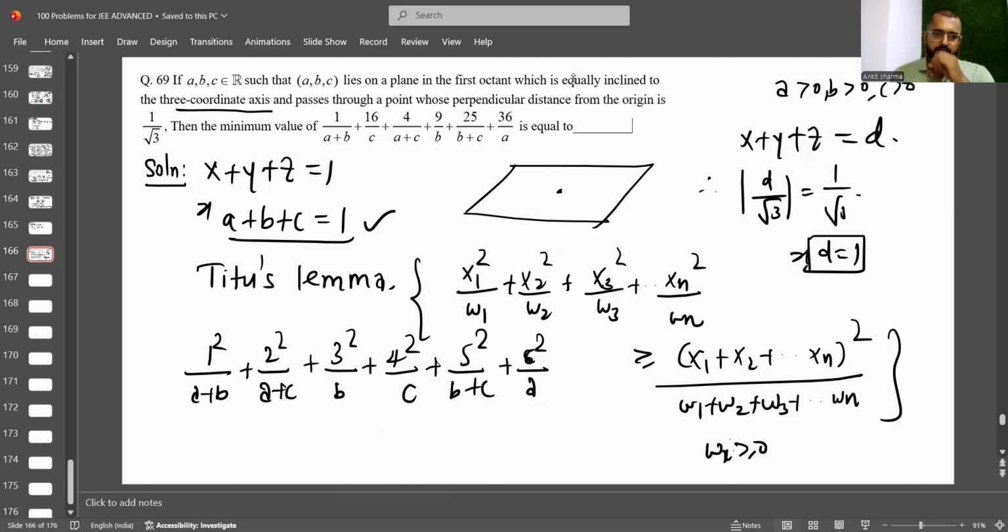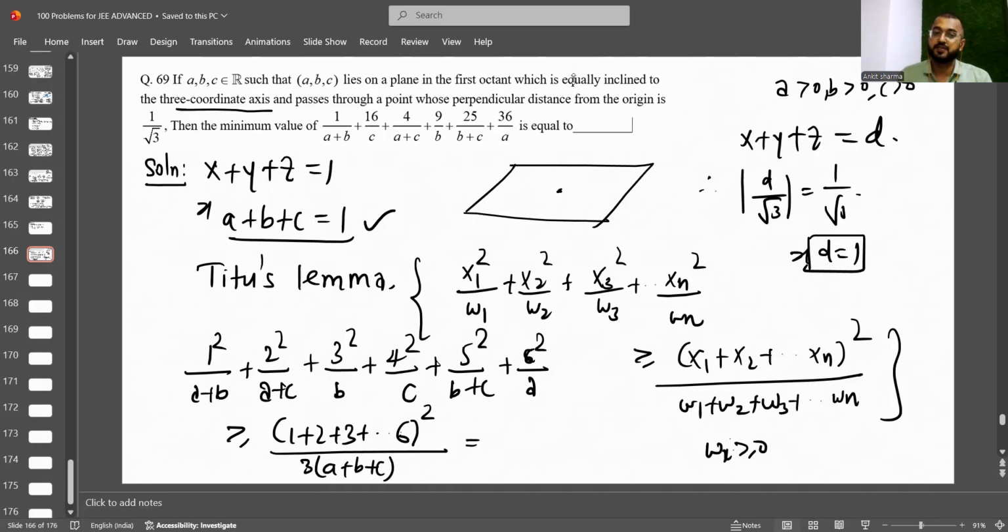This problem was actually quite simple, but my friend Mayuresh told me to make it like this, so I made it this way. Now if I apply Titu's lemma here, I directly have (1 plus 2 plus 3 and so on up to 6) whole square over, if I add the denominators, 3 times (a plus b plus c).